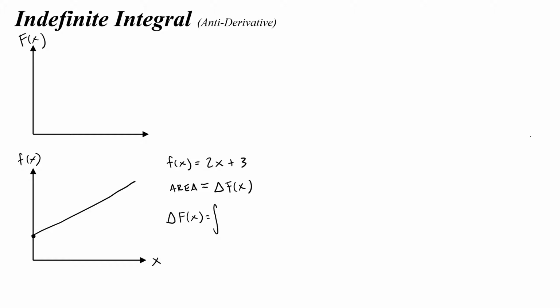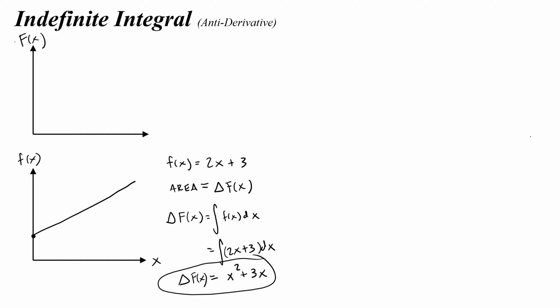So if I take the antiderivative of f of x, I'm going to get that area, or that indefinite integral. So what that would look like is the indefinite integral of 2x plus 3 is x squared plus 3x. Okay, so this is the indefinite integral.